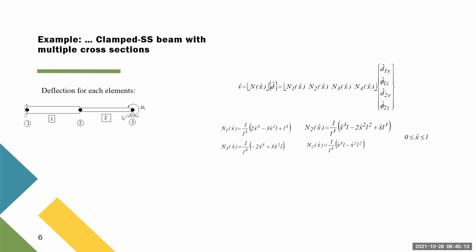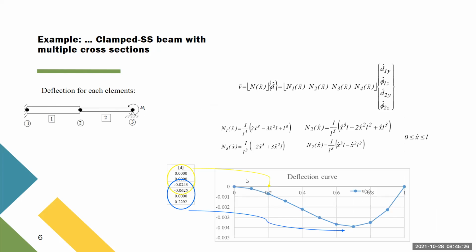And then we go for every element. Okay, in this case, I don't have to transform this into global because this is the same. But I can apply this polynomial interpolation for each one of the joints. So, and this is the result. And you see that on the left, it's clamped, and you see that this is basically horizontal. On the right, is simply supported, you see the rotation.